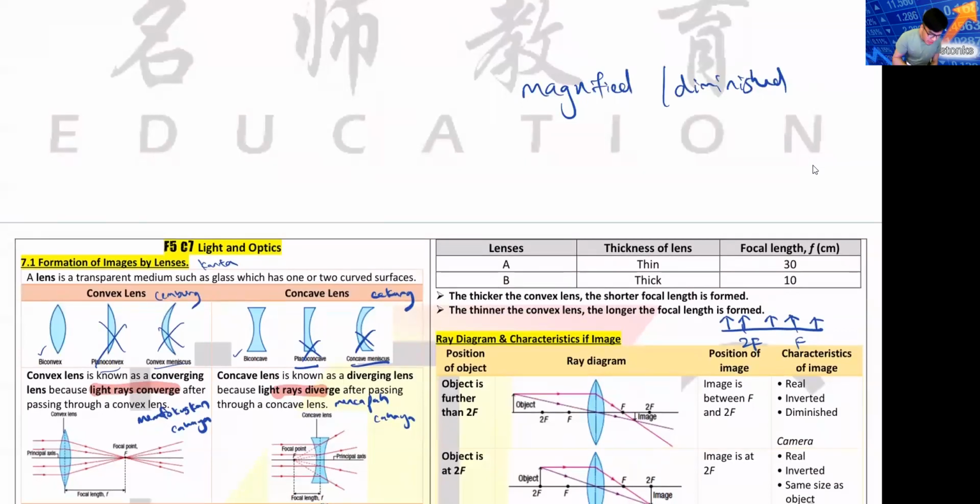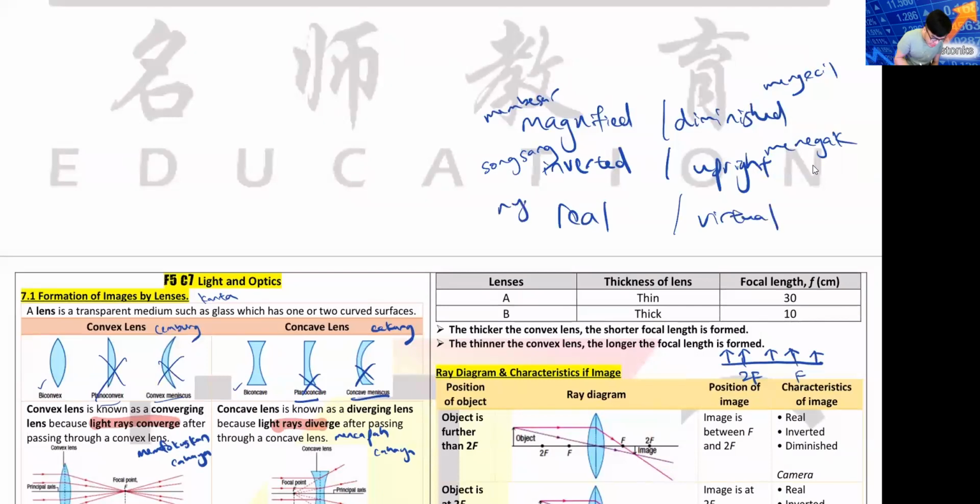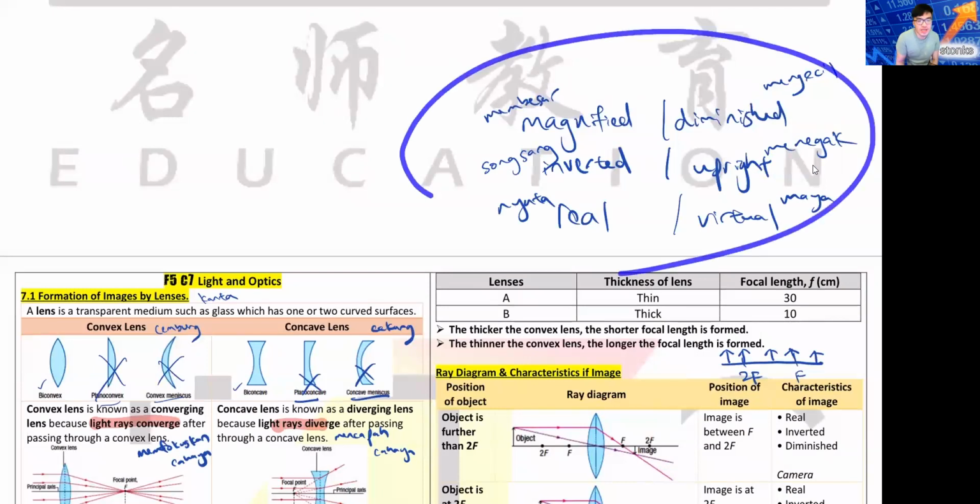Magnify, diminish in BM is membesar dan mengecil. The second set of words is inverted and upright, which in BM is songsang dan menegak. And the third set of words is real and virtual, which is nyata dan maya. So I hope you still remember these 6 words.